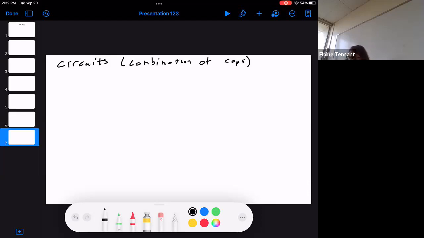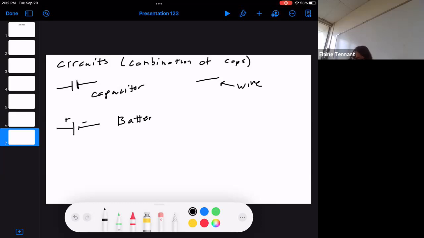Really quick, let's throw down some symbols so I don't have to try to draw parallel plate capacitors. Anytime you just have a line, that's a wire. Consider them perfect conductors. The two parallel lines are a capacitor. Your battery will have one long line and one short line, where the long line always refers to the positive edge of the battery and the short line refers to the negative.